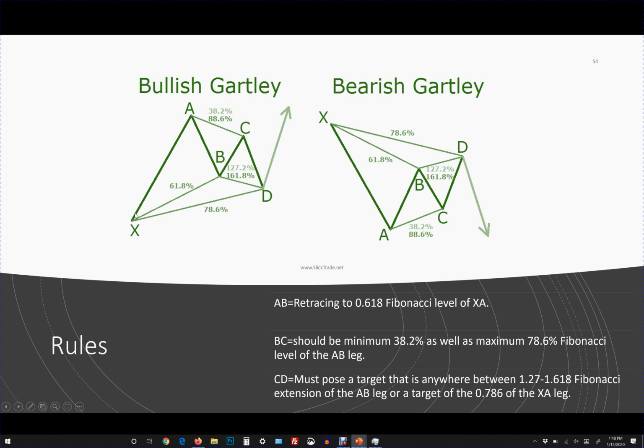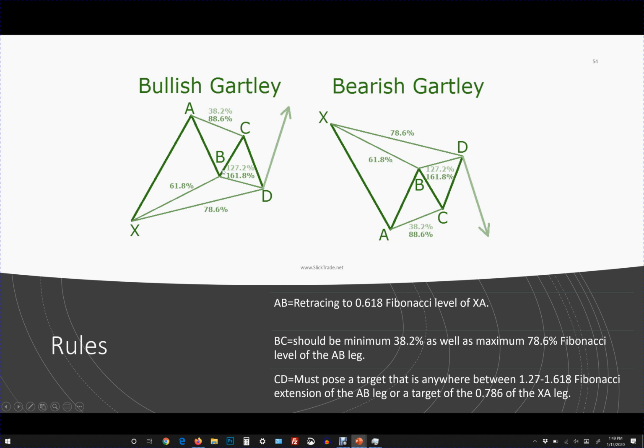Here's where the pattern started. Price came up and then it retraced. If you're not familiar with the term retrace, please check out slicktrade.net and opt into our free education portal. There you can learn all about Forex, Nadex, and other trading.